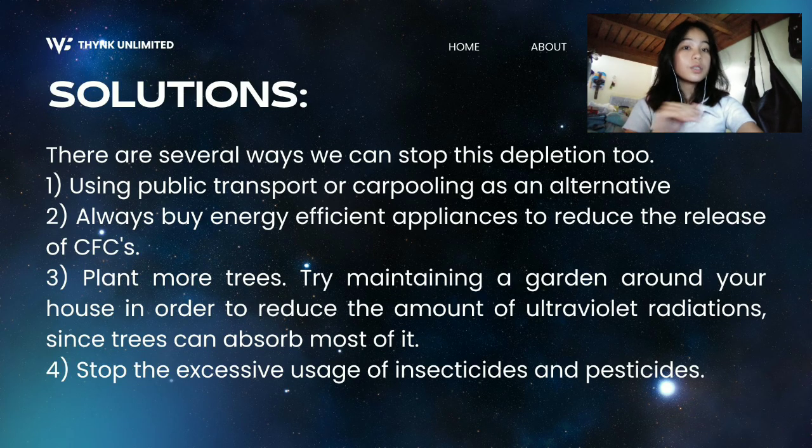Third, plant more trees. Try maintaining a garden around your house in order to reduce the amount of UV rays, since trees can absorb most of it. And lastly, stop the excessive use of insecticides and pesticides.